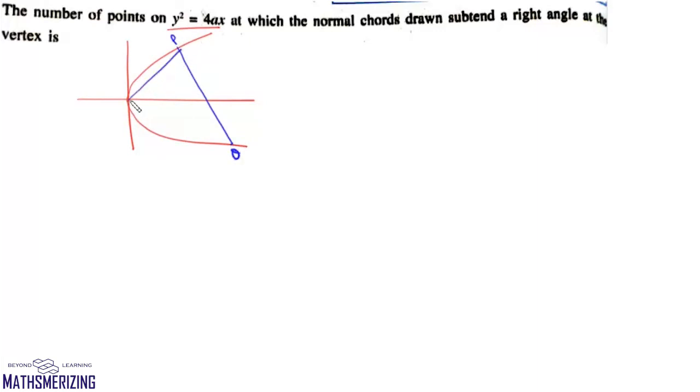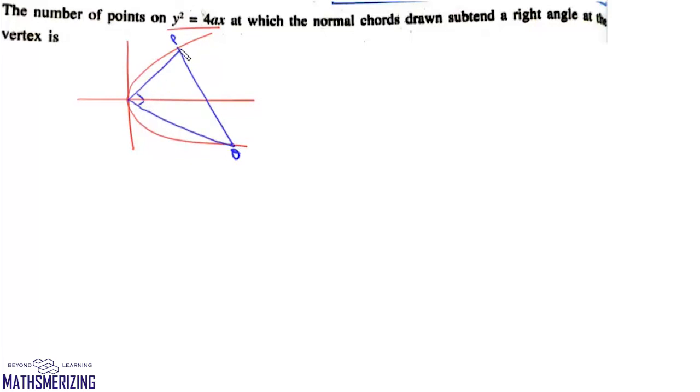The question is: the number of points on y square equals 4ax at which the normal chords drawn subtend a right angle at the vertex. So we have this parabola, y square equals 4ax, and a normal chord drawn at some point, say P, and this other point is Q. It subtends an angle of 90 degrees at the vertex.